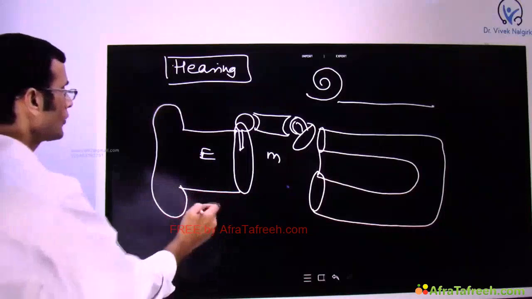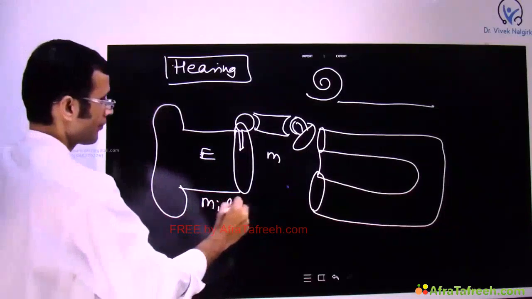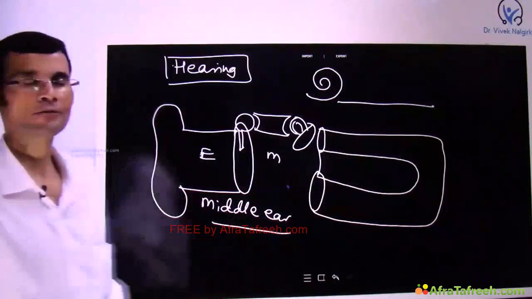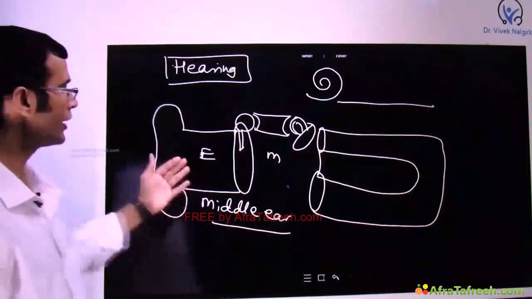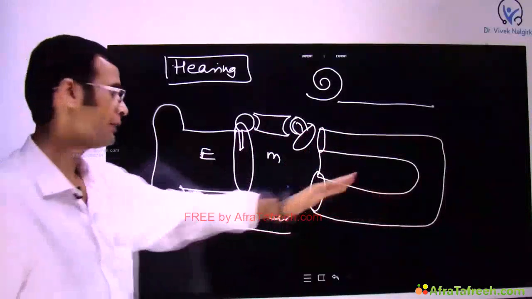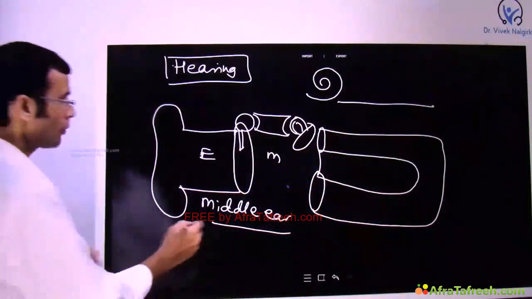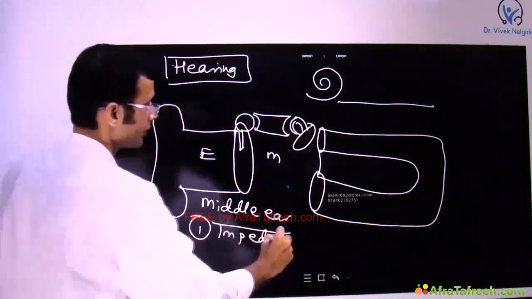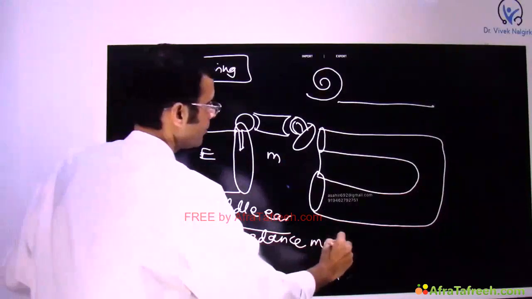What are the functions of the middle ear? Two important functions, apart from, of course, conduction of sound from the external ear to the inner ear. One is impedance matching.